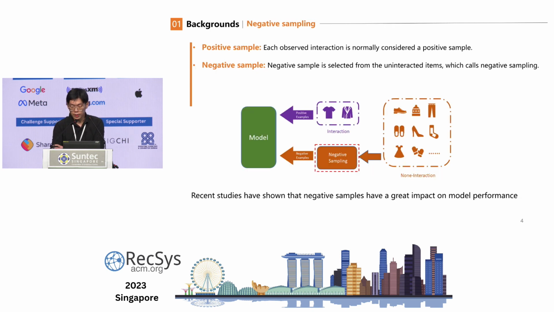In implicit feedback, each observed interaction is regarded as a positive sample, and the negative sample is selected from the uninteracted items, which is called negative sampling. Recently, studies have shown that negative samples have a great impact on model performance. That's why our research focuses on negative sampling strategy.